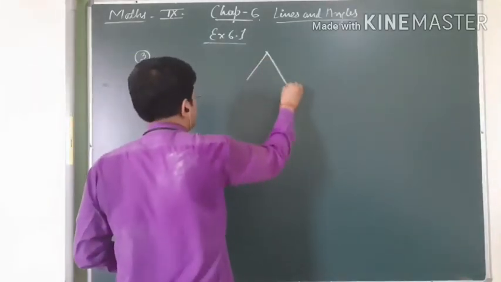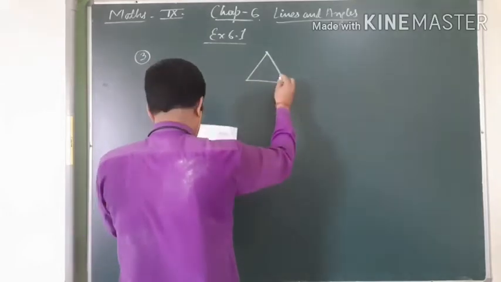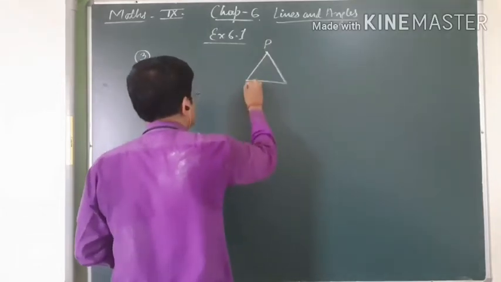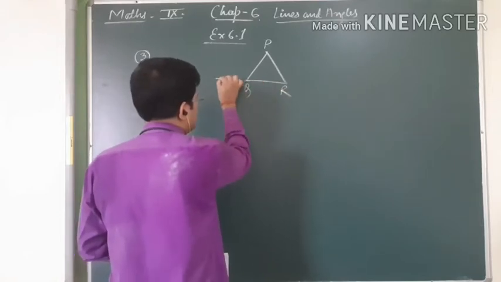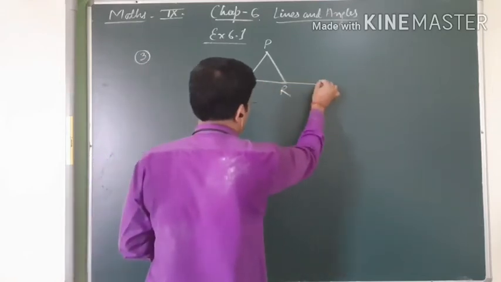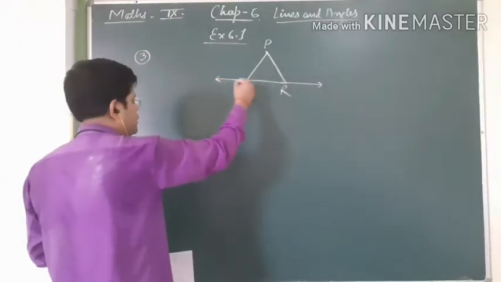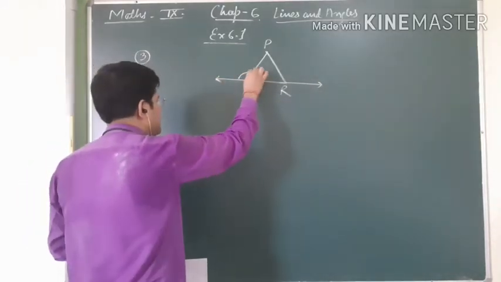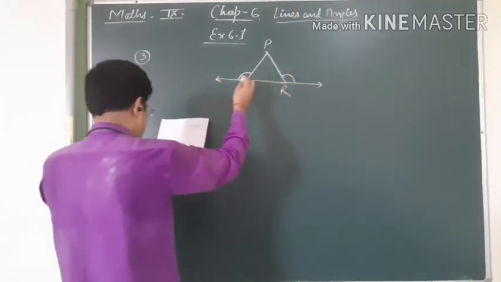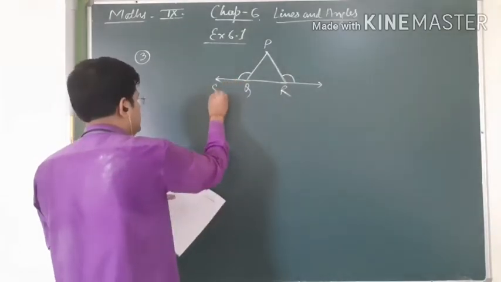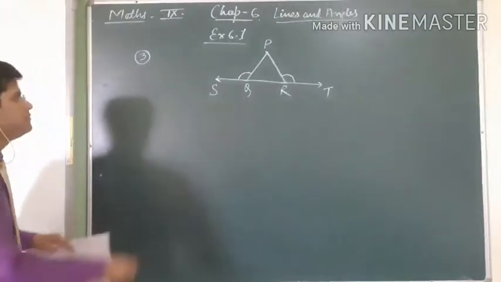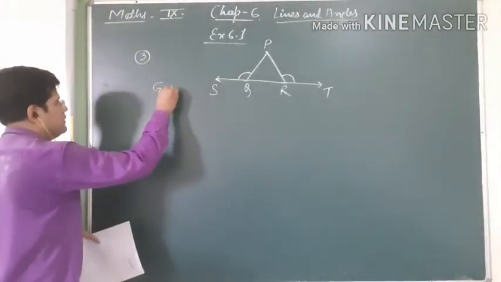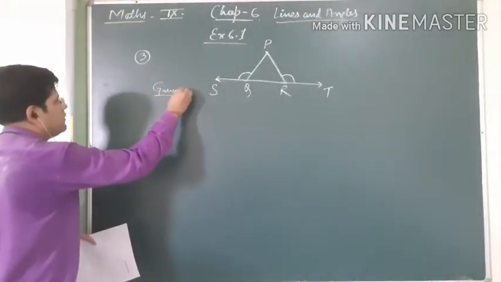Why is it important? Here a triangle is given. That triangle's name is PQR, and two of the exterior angles are produced by side QR. The first angle is here and the second angle is here. The first point is S and the second point is T. What is given? First of all, the given part.